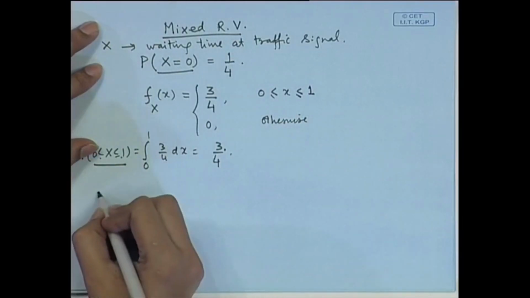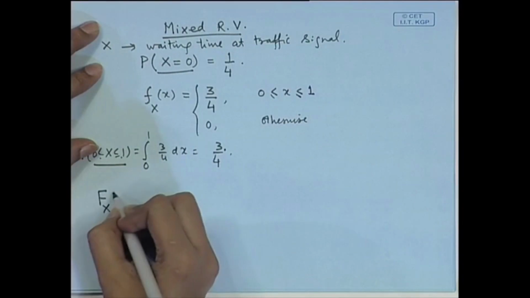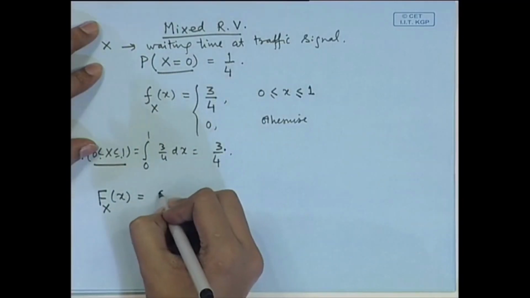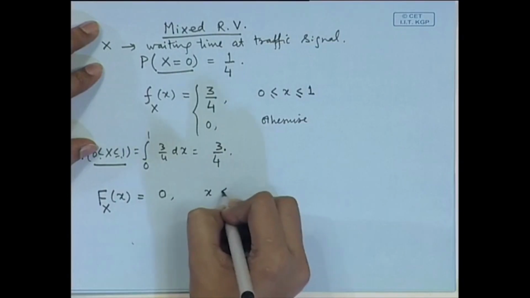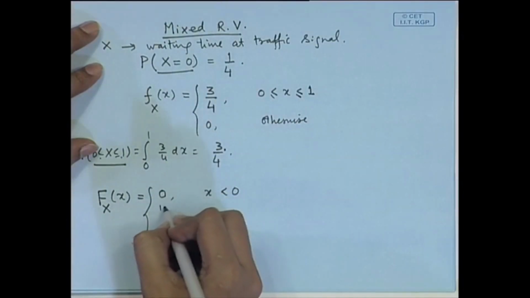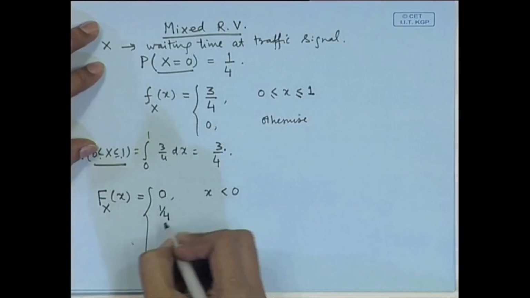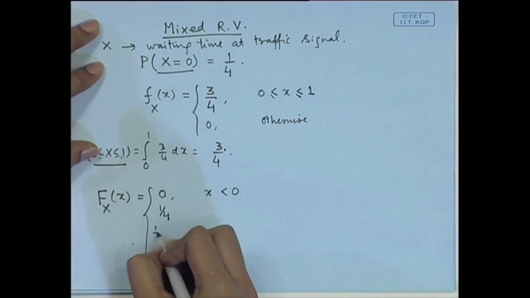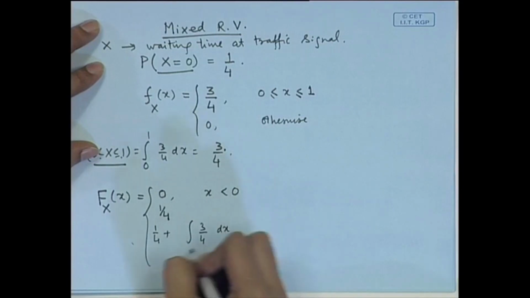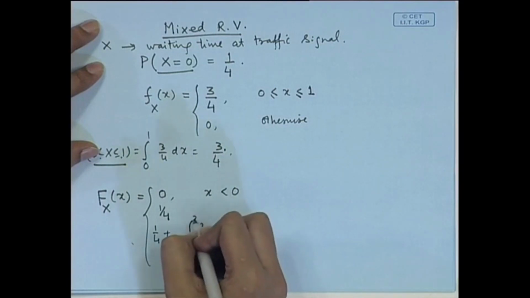We can also look at the CDF of this particular random variable. Before x equal to 0, it is 0. At x equal to 0, it becomes 1 by 4, and thereafter it becomes 1 by 4 plus the integral of 3 by 4 dx from 0 to x.